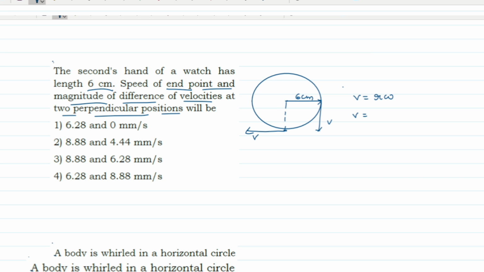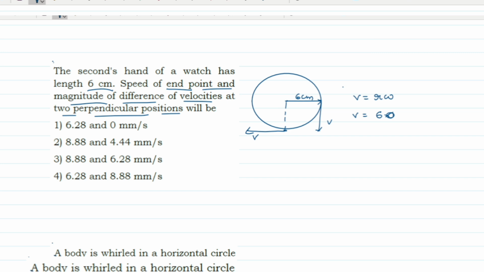Here you have to convert this into millimeters. 6 centimeters, with 1 centimeter equal to 10 millimeters, gives 60 millimeters.